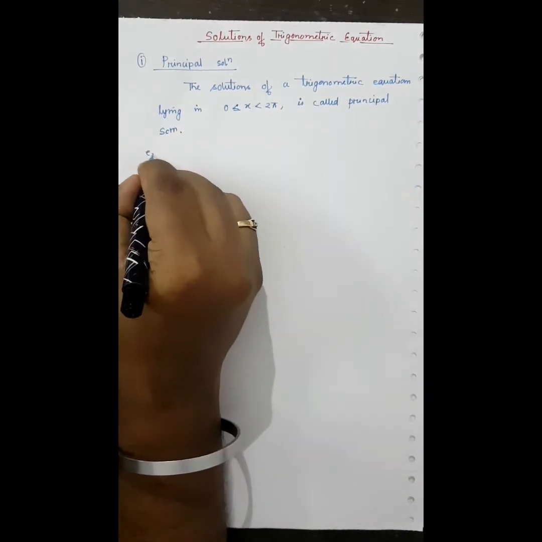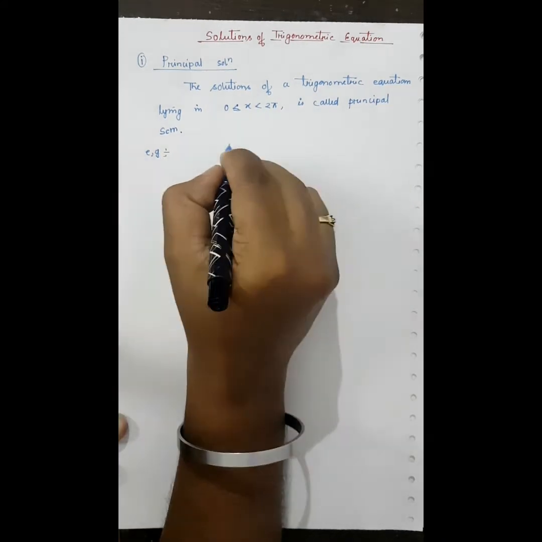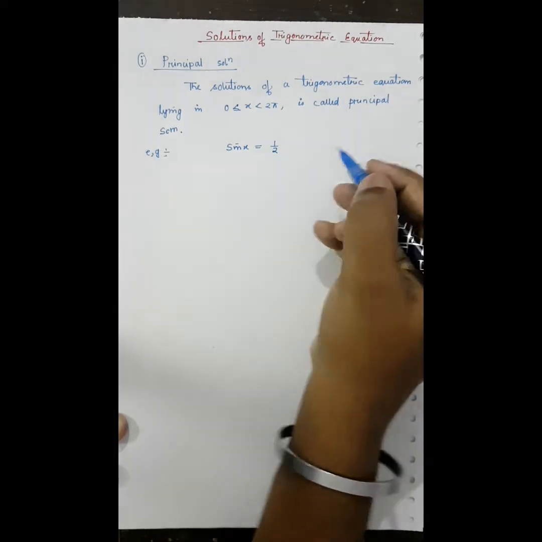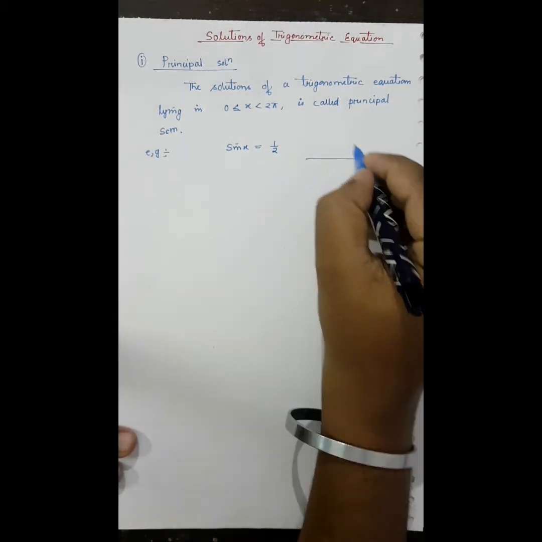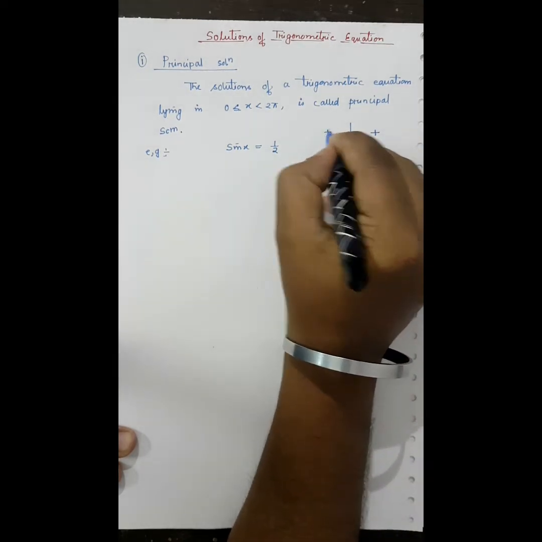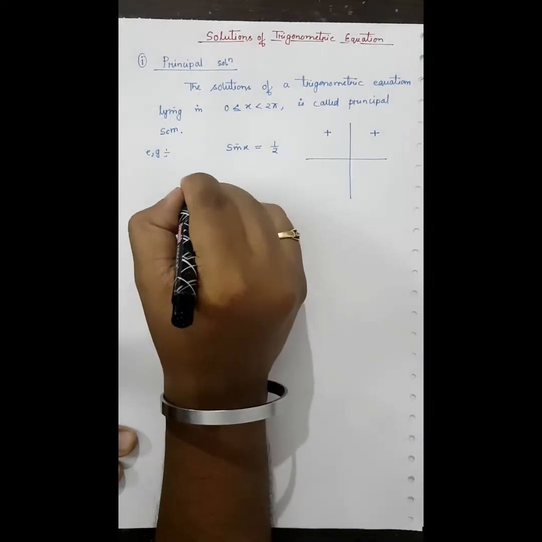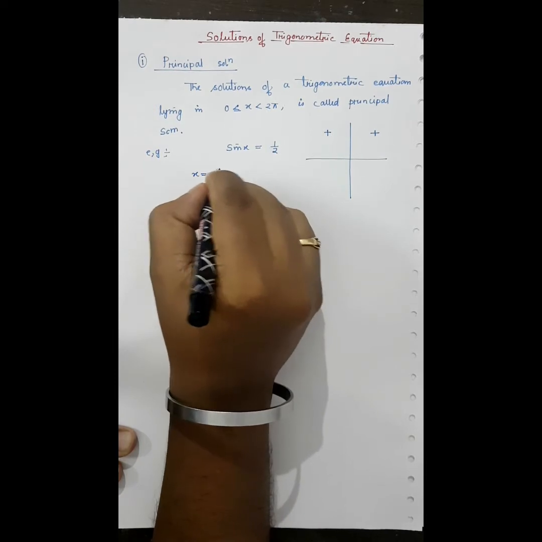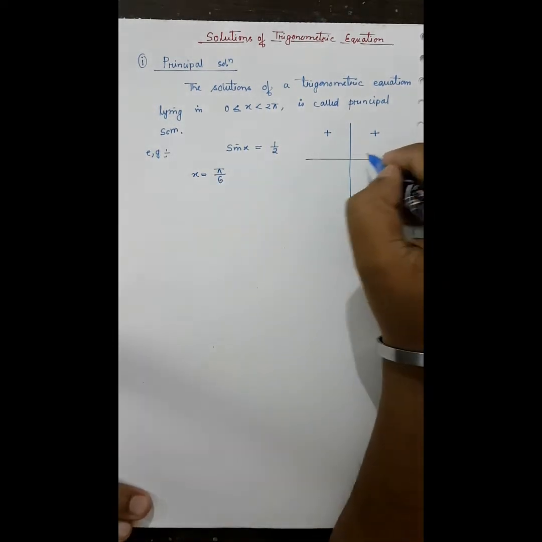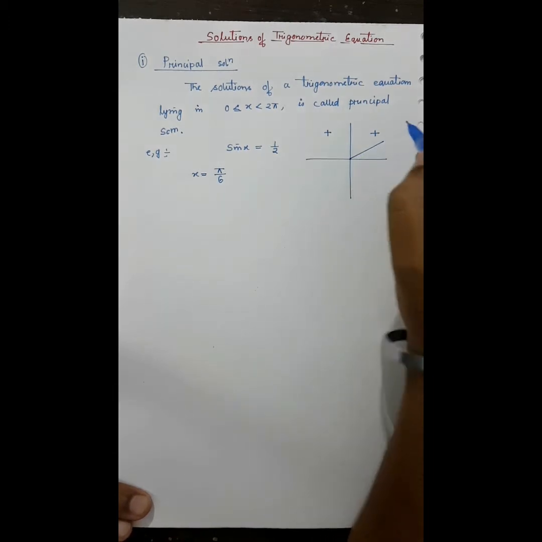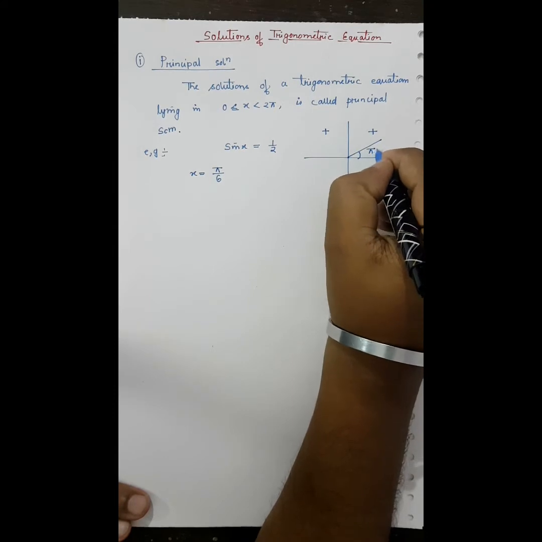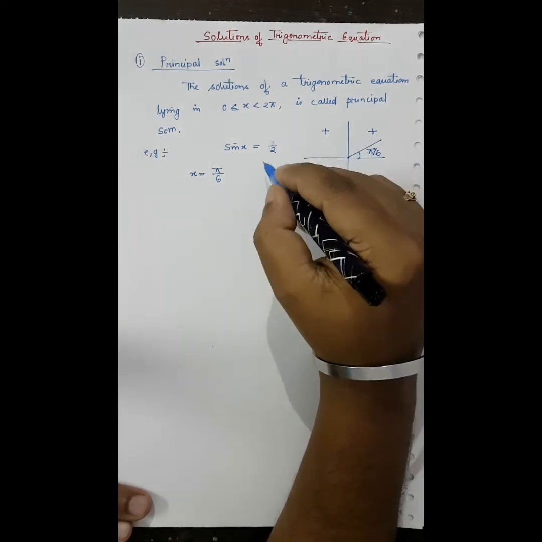For example, consider sin x is equal to half. We know that sin theta is positive in first quadrant and second quadrant. So, when the value of x is equal to pi by 6, we know sin pi by 6 is equal to half. That is, when the angle x lies in first quadrant, the value of sin x will be equal to half.